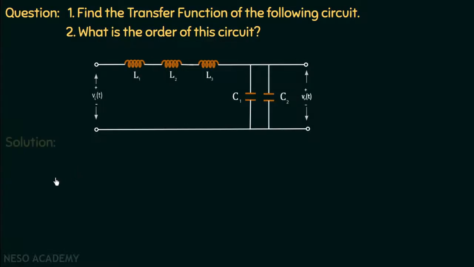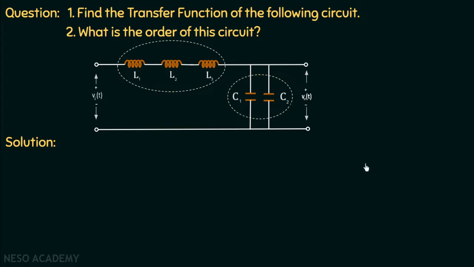So moving on to the solution, in this circuit we are given 3 inductors connected in series and 2 capacitors connected in parallel. And we know if the inductors are connected in series, then the equivalent inductance is the sum of all the inductances. And if capacitors are connected in parallel, then the equivalent capacitance is the sum of all the individual capacitances.